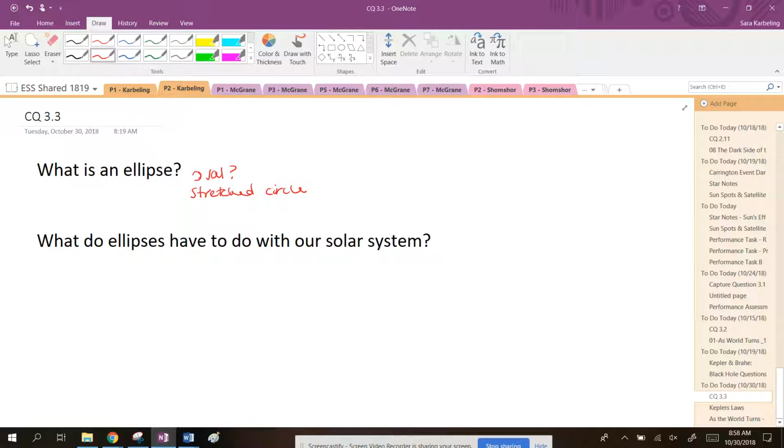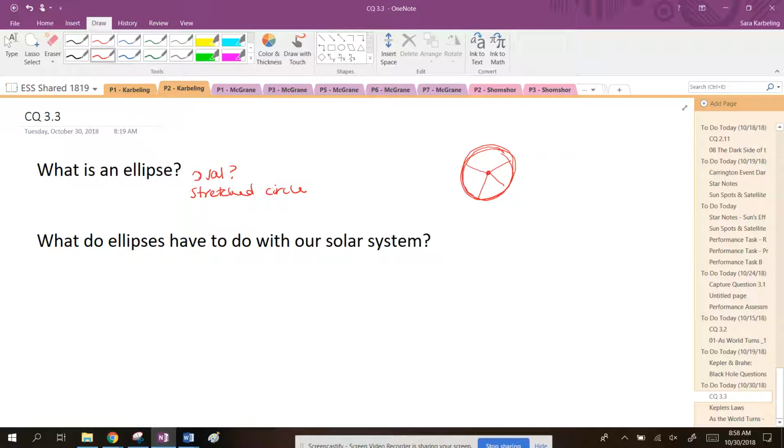So a circle has one dot in the middle, right? That point is called the center, and a circle is every dot that's the same distance from the center. So this is not going to be a perfect circle, but you get the idea, right? Every point an equal distance from the center. So this distance and this distance and this distance, they're all the same.